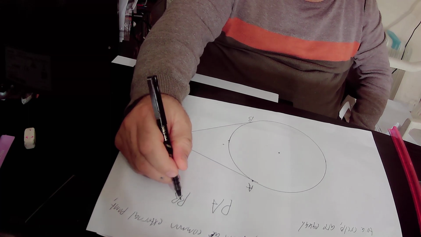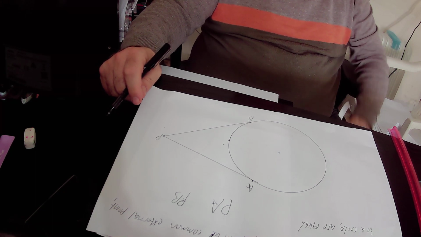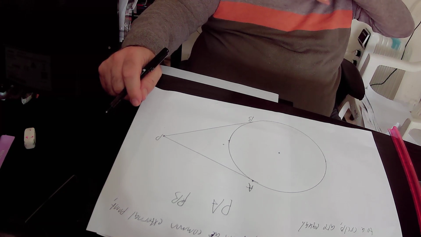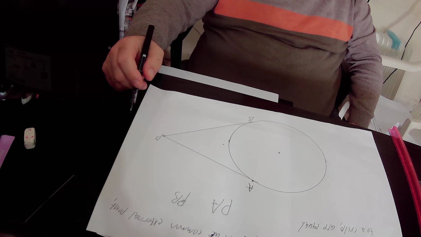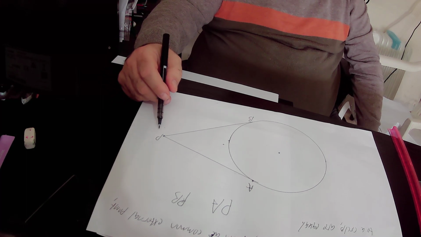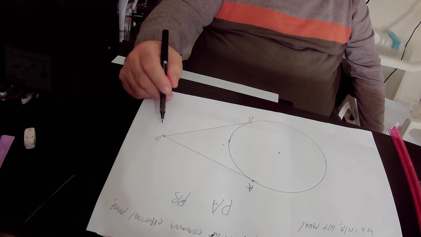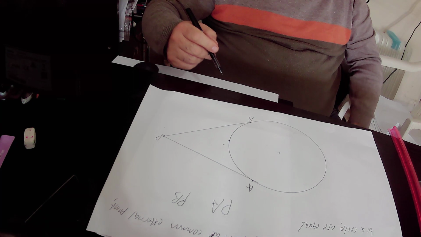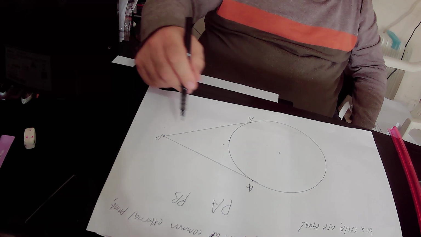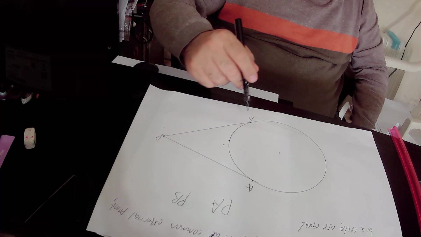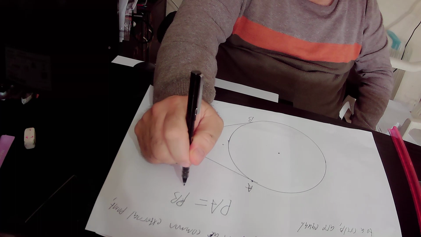According to rule number 1, the lengths of two tangents, that is to say PA and PB, from a common external point, that is to say from point P, to a circle at points A and B, are equal. That is to say, the length of PA equals the length of PB, that is, PA equals PB.